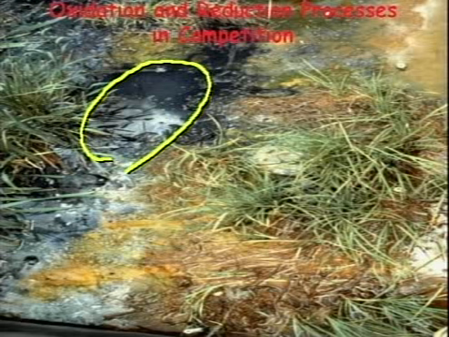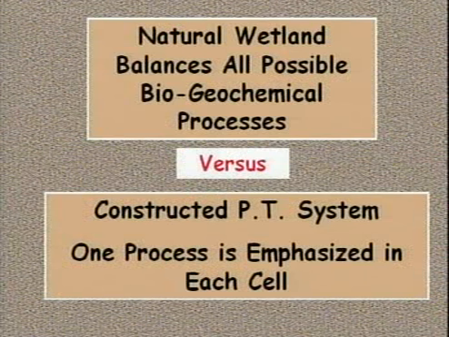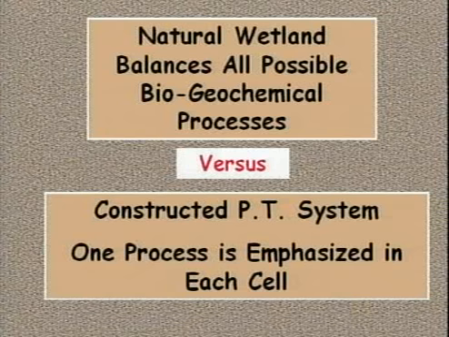So in natural situations, what we find is that all possible geochemical reactions in wetland environments are balanced, and the metal removal efficiencies can vary as the various zones compete for supremacy. In contrast, constructed wetland, quote-unquote, passive treatment system designs emphasize a single geochemical process in each cell to remove selected contaminants.